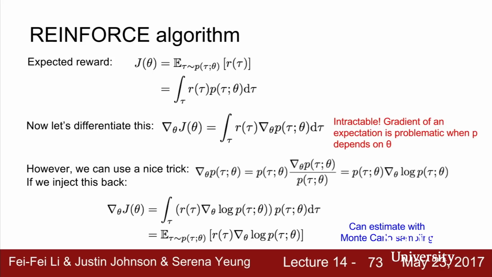So we've taken a gradient of an expectation and transformed it into an expectation of gradients. Now we can use sample trajectories to estimate our gradient. We do this using Monte Carlo sampling, and this is one of the core ideas of REINFORCE.